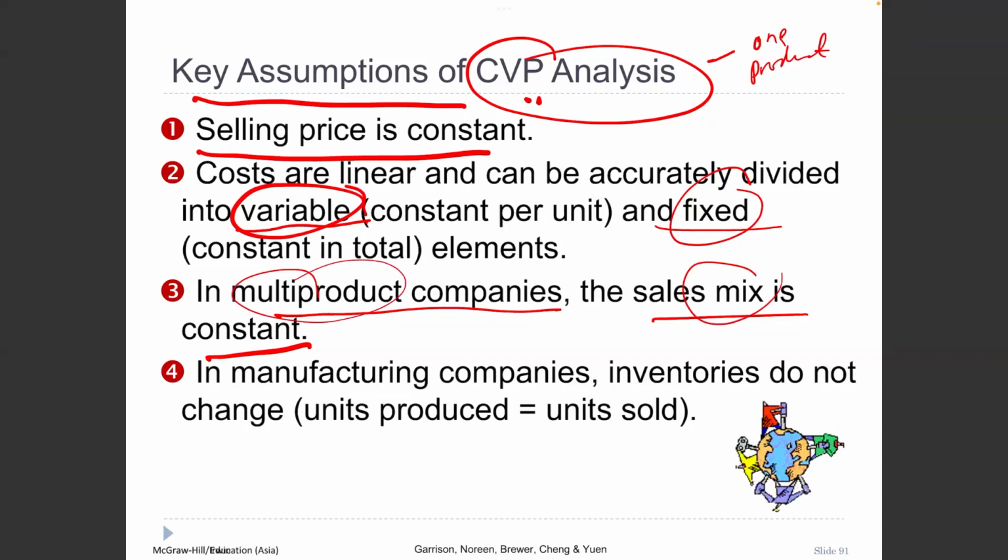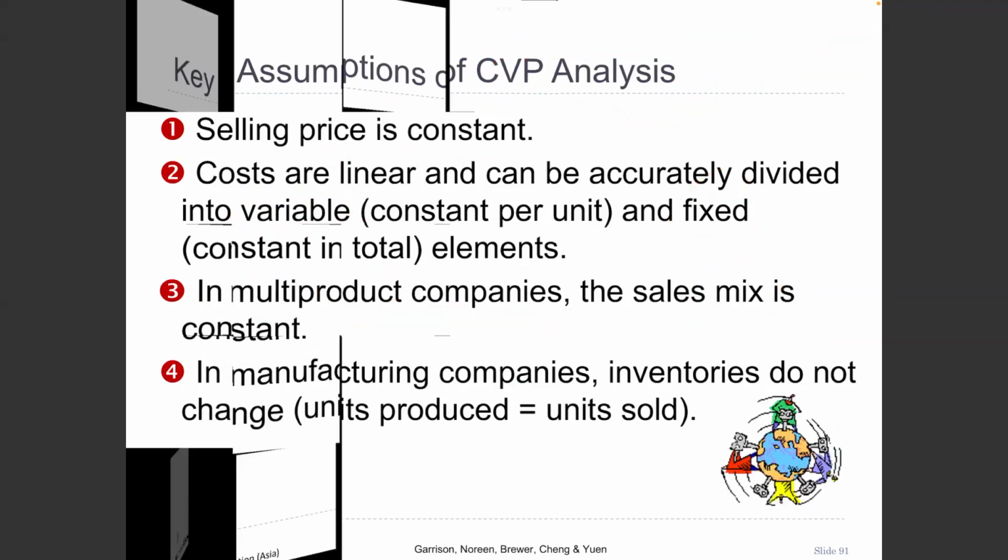But if you are producing new products every year or every month, the CVP analysis will be more complicated, and probably wouldn't be good to perform, because it keeps on changing. It might not give you a real, better prediction. Another key assumption is that whatever you produce, you will sell every single thing.